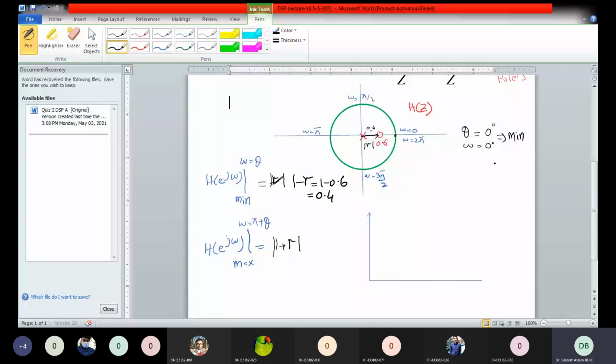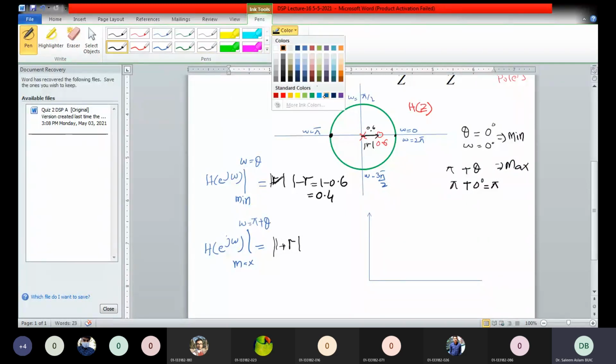For the maximum value, you will take pi plus theta. So what about pi plus theta? It means pi plus 0, so it's pi. So pi is basically this point. What we are trying to do is find the frequency plot at these two points.